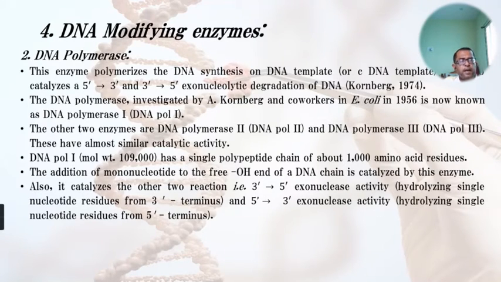Along with this, the DNA polymerase first enzyme also has two different activities. One is 3' to 5' exonuclease activity, where it hydrolyzes the single nucleotide residue from the 3' end of the DNA fragment. Similarly, it also has 5' to 3' exonuclease activity, where it hydrolyzes the single nucleotide residue from the 5' end of the DNA fragment.